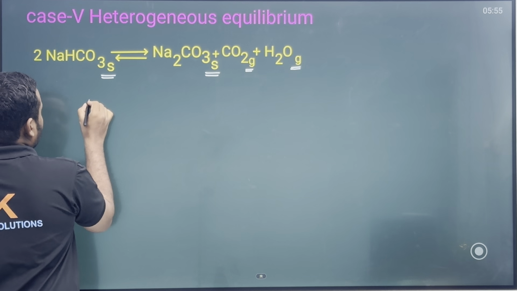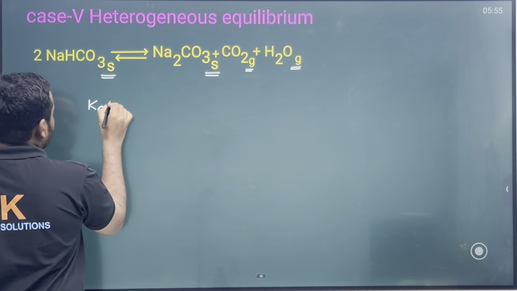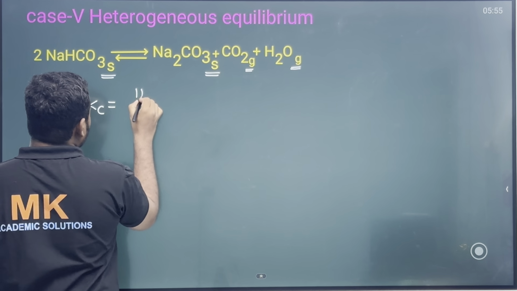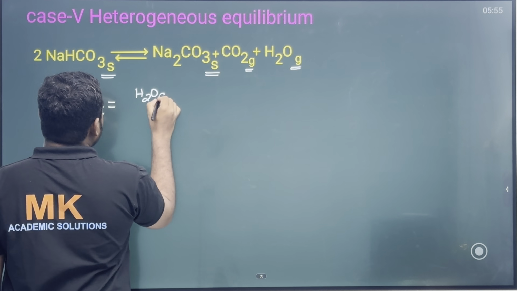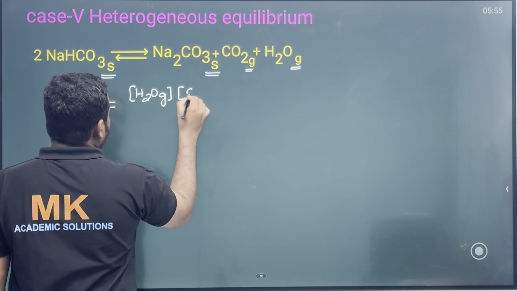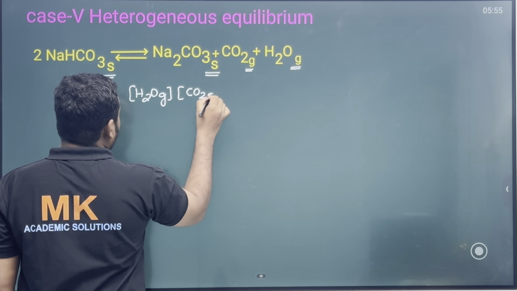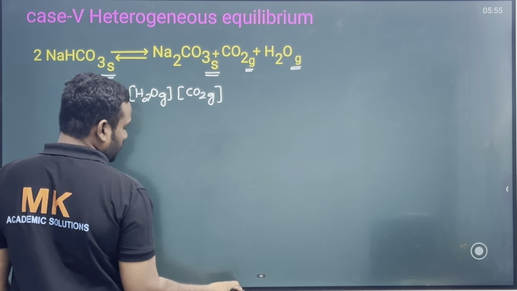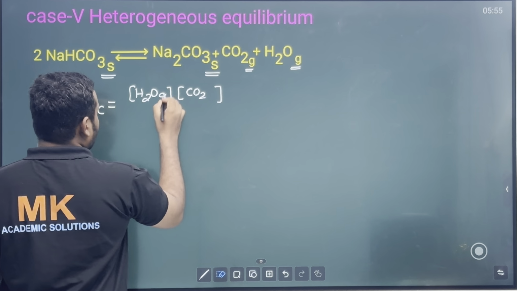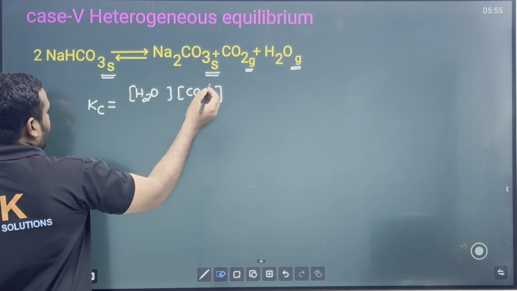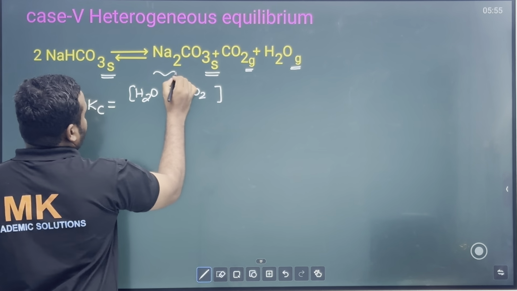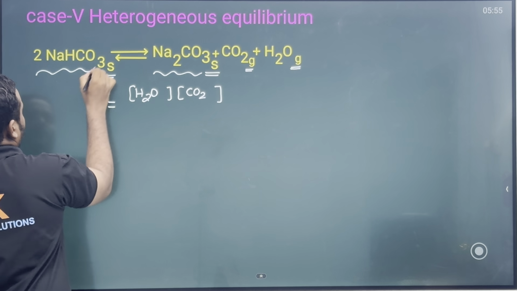Therefore, for this one, how are we going to write Kc? Kc is equal to [H2O gas] into [CO2 gas]. We are not at all going to take the concentration of Na2CO3 as well as sodium bicarbonate.